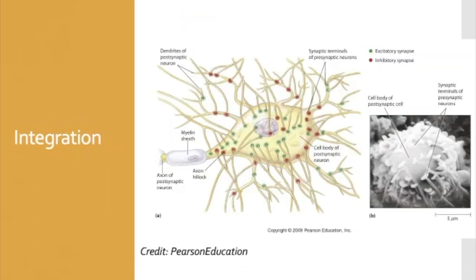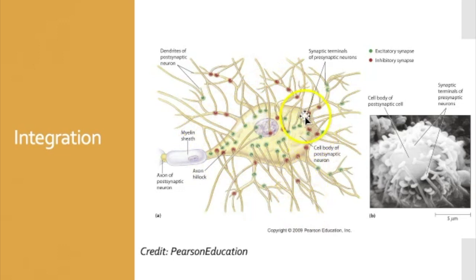We discussed this concept of integration in the lecture. Remember, even though we often talk about the transmission of an electrical signal from one neuron to the next neuron in a very simplistic way, in reality, neurons aren't receiving a single signal at any one time. They are receiving multiple signals all the time.